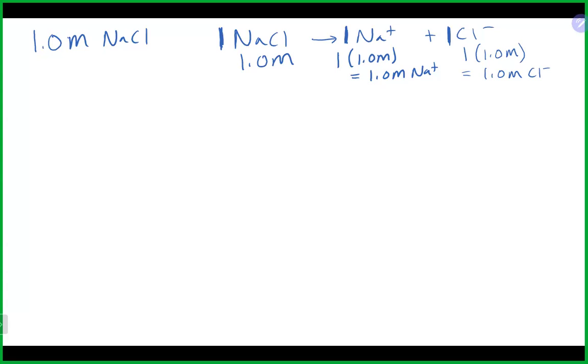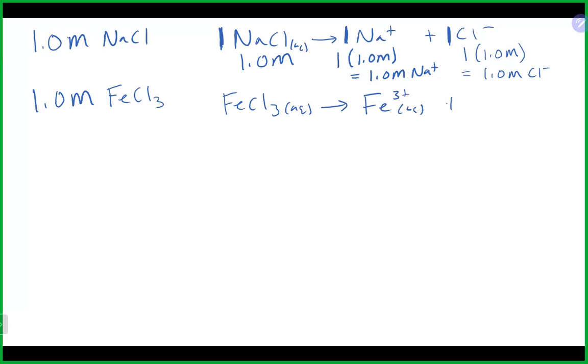That is different than if I had a 1 molar solution of iron 3 chloride. When this iron 3 chloride breaks apart in solution, I will get 1 iron ion floating around, and I will actually get 3 chloride ions floating around in the solution.